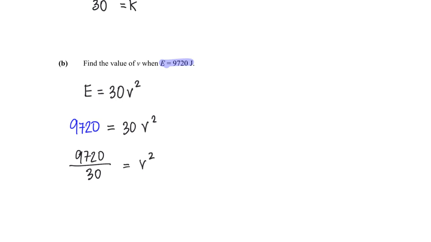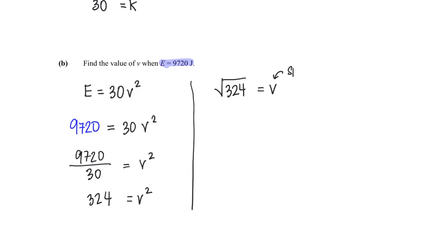And then this will give me 324. So my final answer will then require me to square root 324, and because V is a speed, I will not consider the negative value of V. V equals 18.